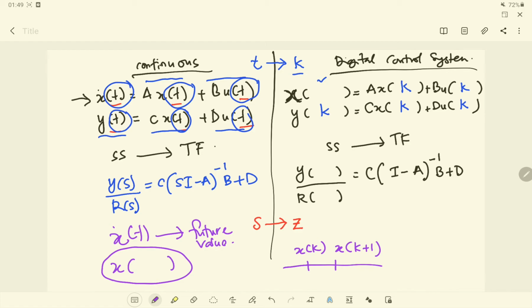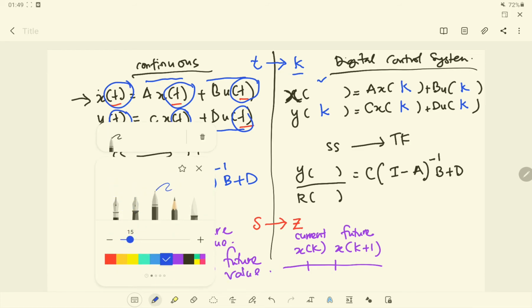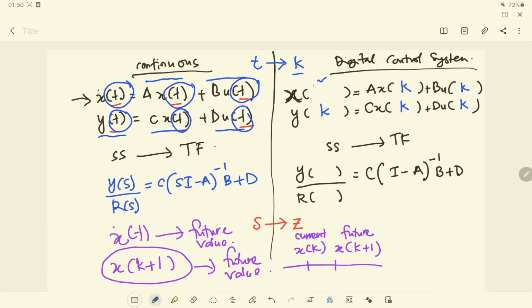Here is the current value, here is the future value. So to make it similar, x dot t is equal to xk plus 1. Both represent the future value.